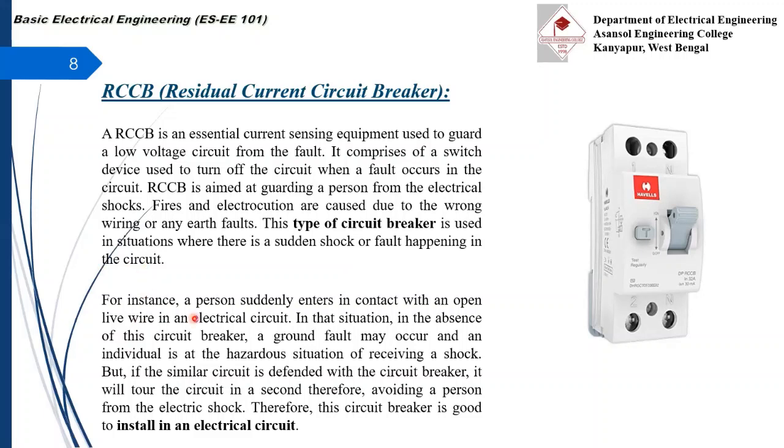For instance, a person suddenly comes in contact with an open live wire in an electrical circuit. In that situation, in absence of this circuit breaker, the ground fault may occur and an individual is in the hazardous situation of receiving a shock.